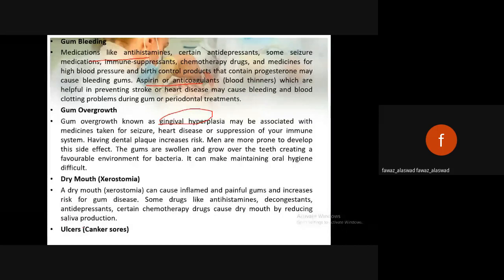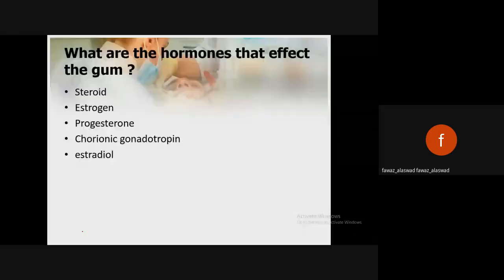Sometimes we could demonstrate the presence of ulcers, and dry mouth is also affected. Here we could summarize the types of hormones which affect the gum: the endogenous secretion of steroids, estrogen, progesterone, estradiol, and chorionic gonadotrophin.